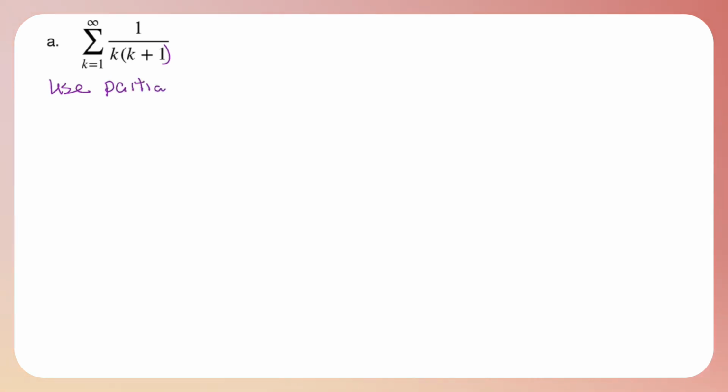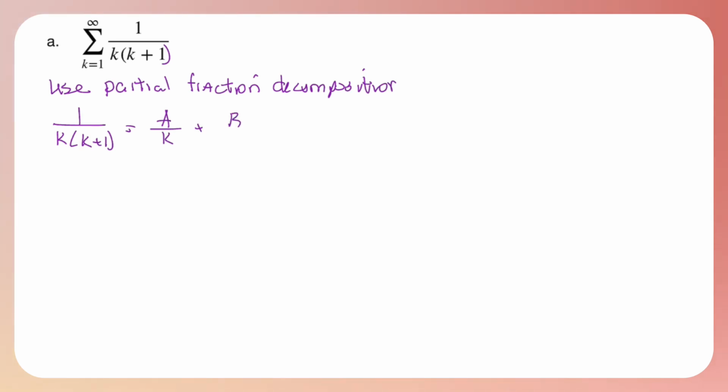Okay, so one way to do this is I'm going to look at that rational term there, and I'm going to do partial fraction decomposition. So I'm going to rewrite 1 over k times k plus 1 as a partial fraction, like a over k plus b over k plus 1. So remember, with partial fractions we get a common denominator, so I get that 1 on the left-hand side is equal to a times k plus 1 plus bk.